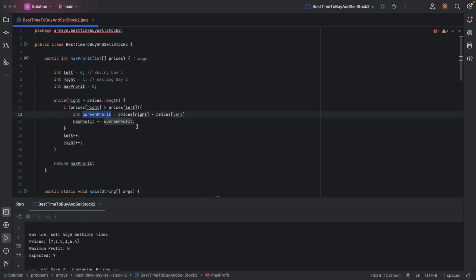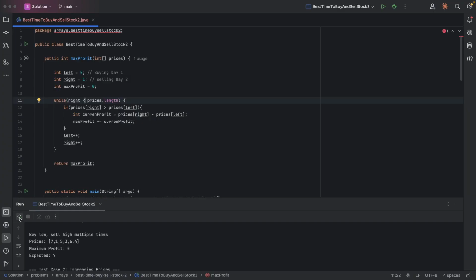Got the current profit, which is prices of right minus prices of left. And we are incrementing the left pointer by 1, and we are incrementing the right pointer by 1. Oh, we need to make sure our right pointer is less than prices of length.